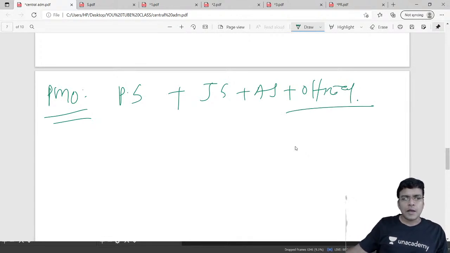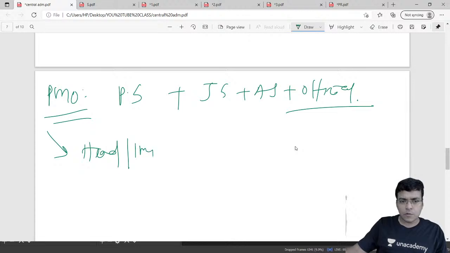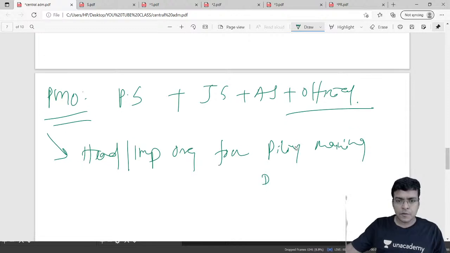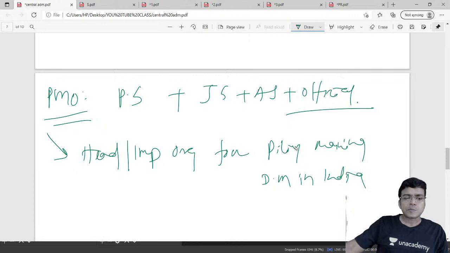And PMO is the most important organization for policy making, decision making in India, because PM is head of the government.